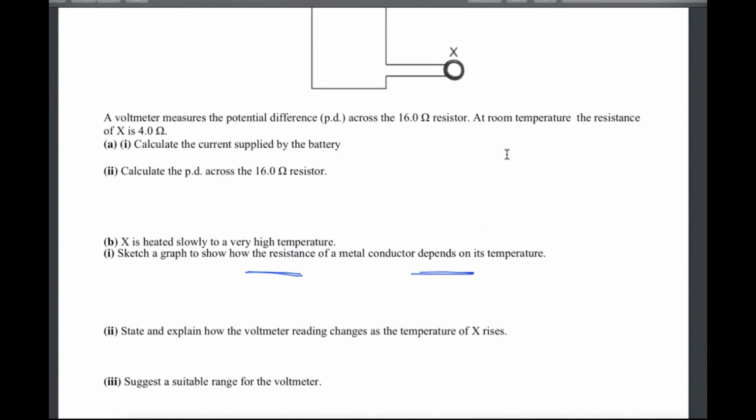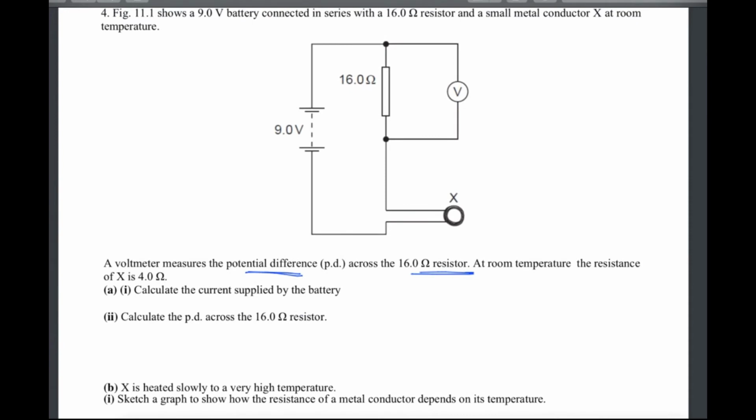If the temperature increases, in that case we have more resistance. It means if the resistance is more, this overall current will decrease. It means less current is going here and this is not changing. It means this reading will decrease.